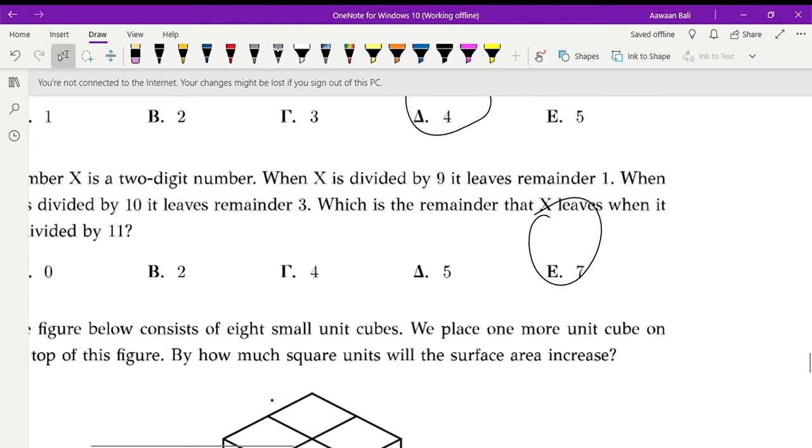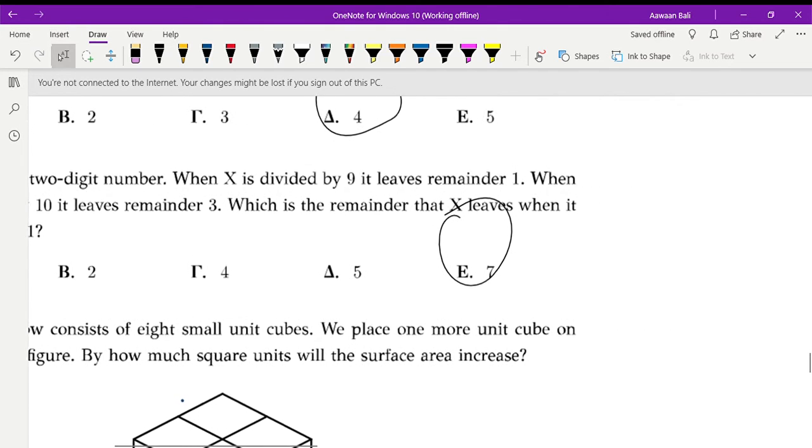Now it says when x is divided by 9, it leaves a remainder of 1. So basically, imagine all the multiples of 9 but added by 1. So it's 10, 19, and then after that 28.